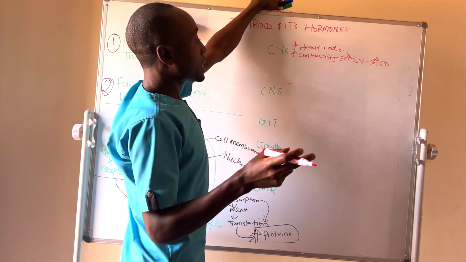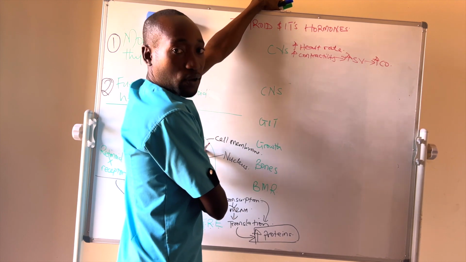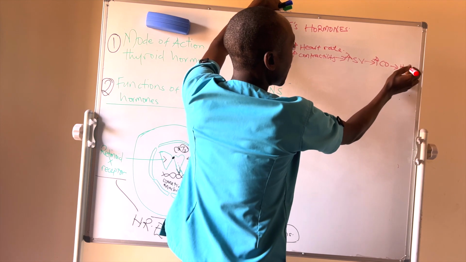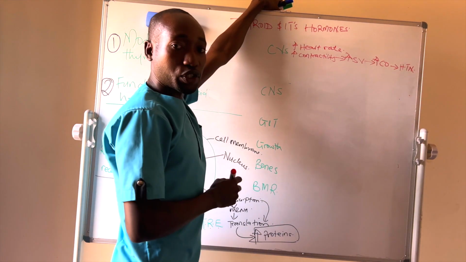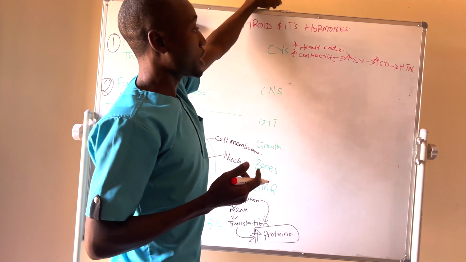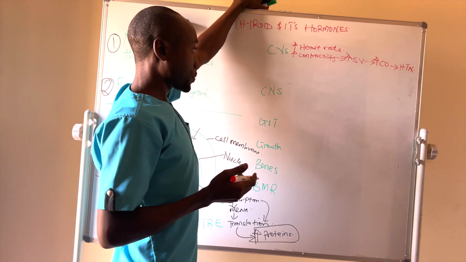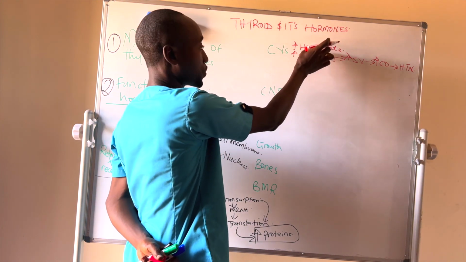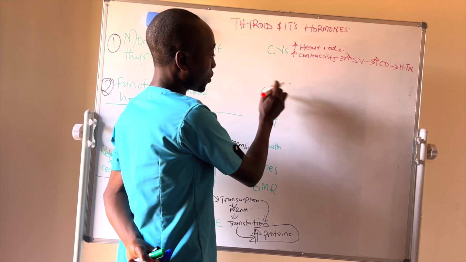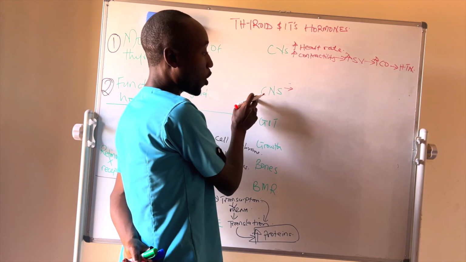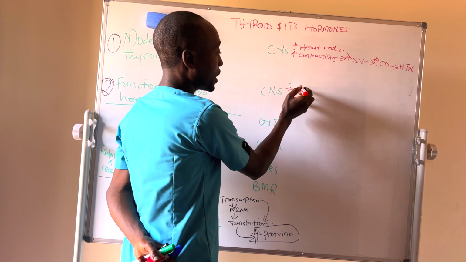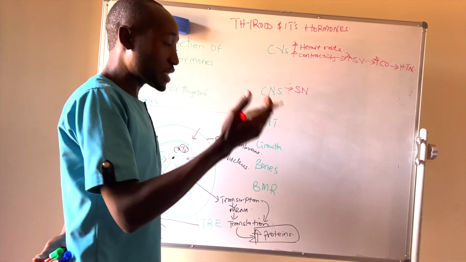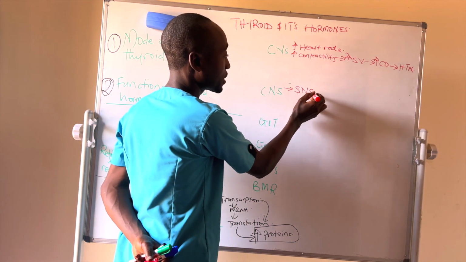So this tells us that if we have an excess of these hormones, then the increase in cardiac output and heart rate can lead to hypertension. We shall look at that when we are looking at hyperthyroidism. Now, the way it increases the heart rate is that we shall find in the CNS that these hormones are actually sympathomimetics, meaning they exaggerate the effects of the sympathetic nervous system.